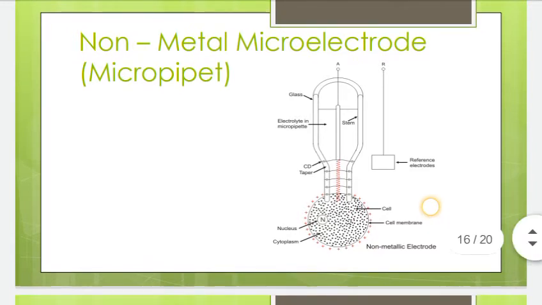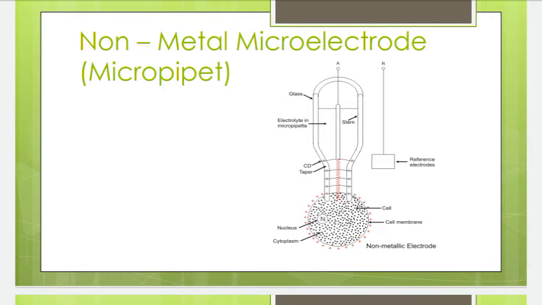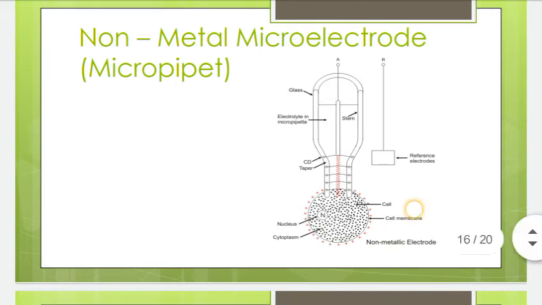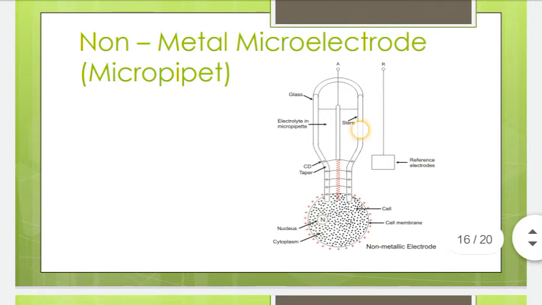This is a type of glass electrode, and this glass electrode is inserted inside the cell. This glass electrode is filled with an electrolyte of potassium chloride, and there is a flexible wire of chloride silver or stainless steel or tungsten, which is inserted into the stem of this microelectrode.